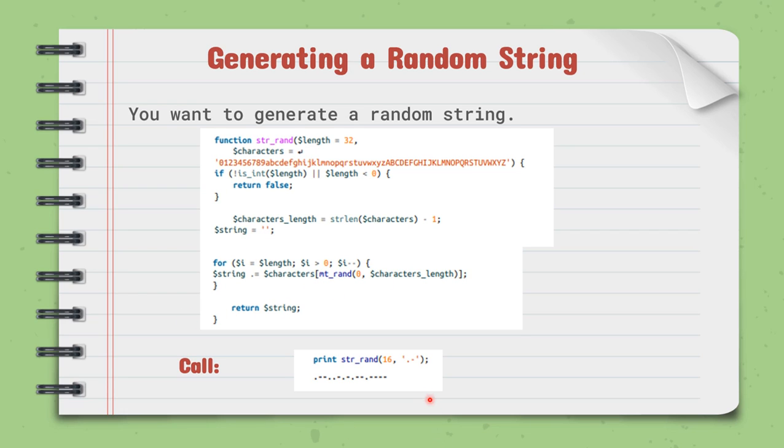We can also skip these arguments, because they already have default values. If we don't pass the arguments, it gives us a string of 32 length. If we pass the values, it gives us 16 characters from the string which we passed in it.